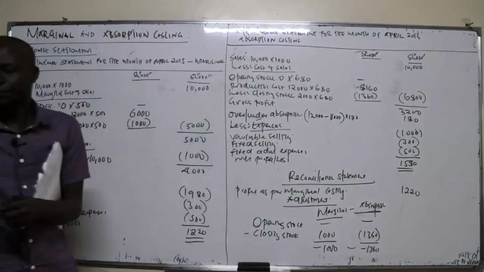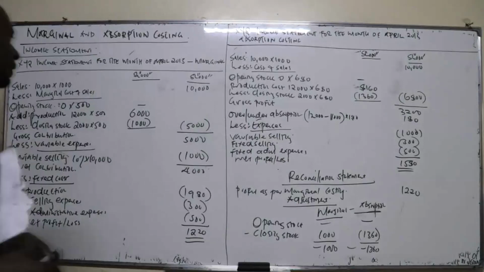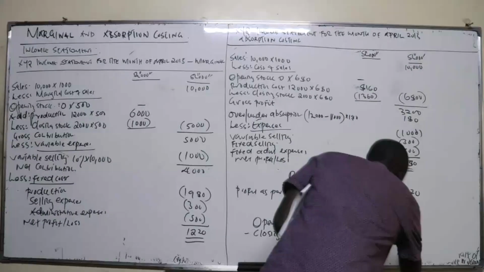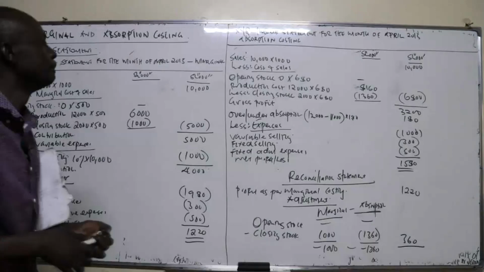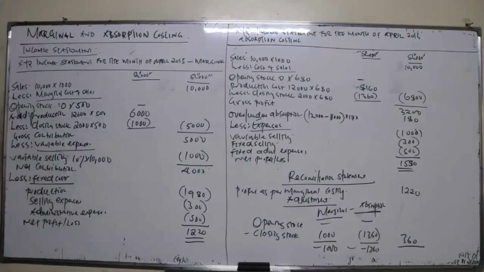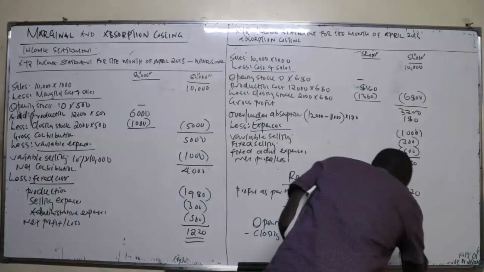So we have minus 1,000 minus 1360. How much do you get? 360. So you add here 360. When you add those two, what do you get? 1580. So you get profit as per absorption costing.